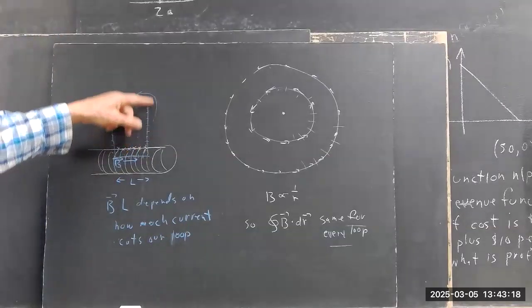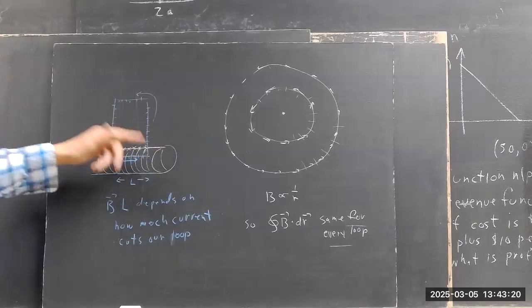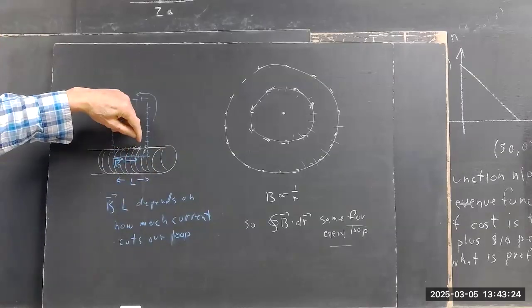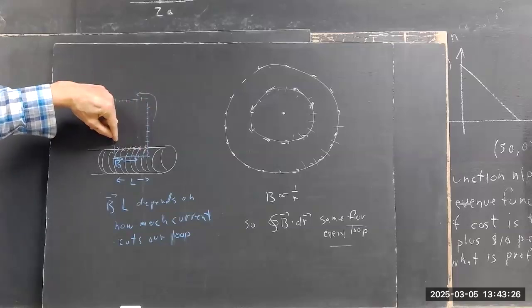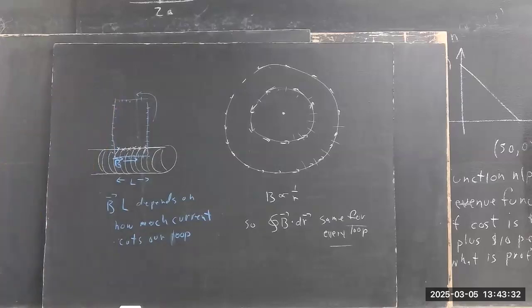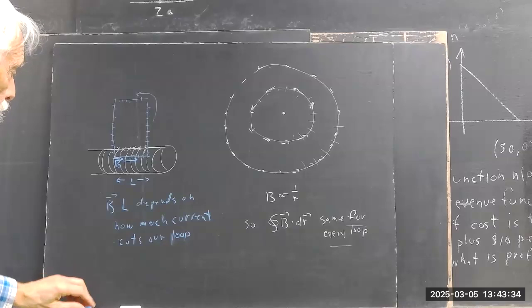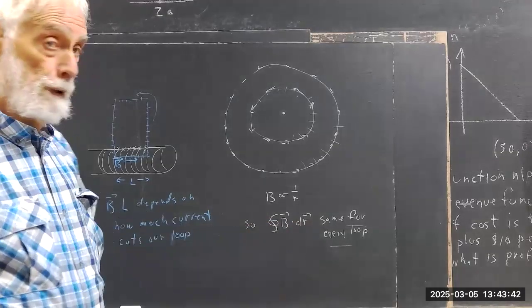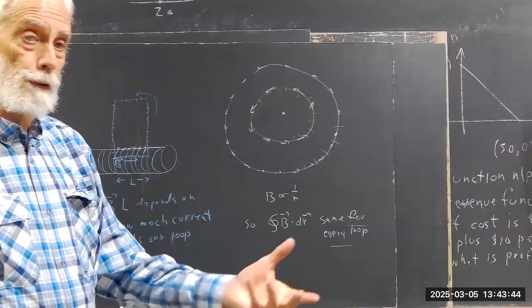I'm talking about the blue loop, not the loops of wire. The loops of wire cut the blue loop 6 times according to this picture. And then we've got a definite expression for what this would be, which we can easily derive.